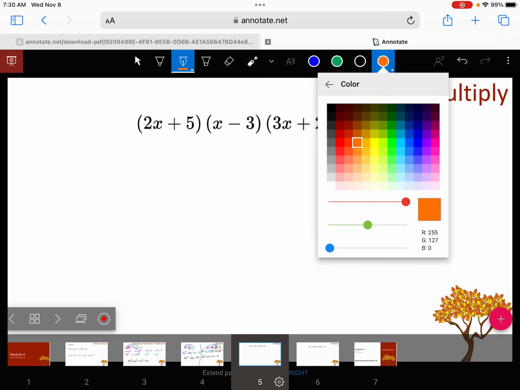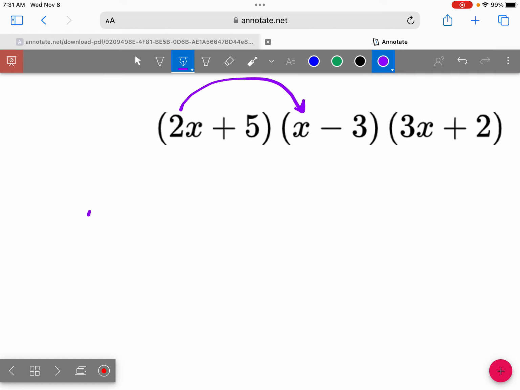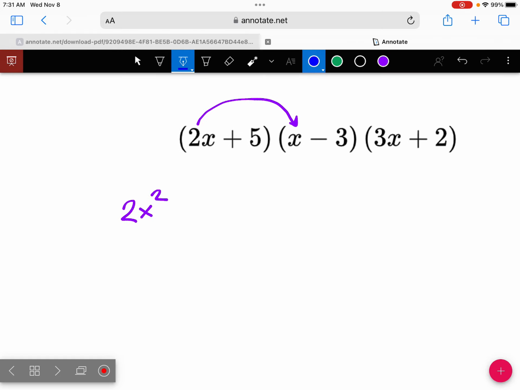So, let me grab my color. I'm going to take my 2x times my x to get 2x squared. And I'm going to take my 2x times my minus 3 to get minus 6x.